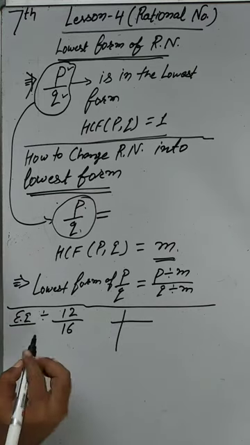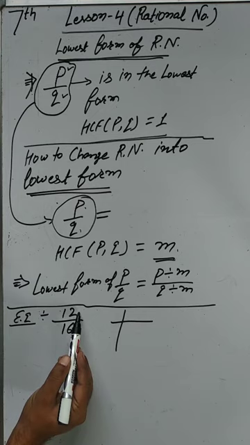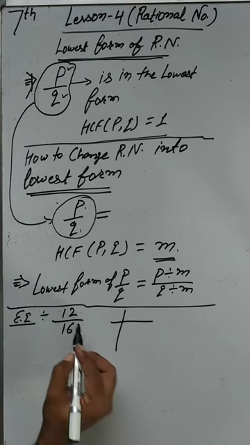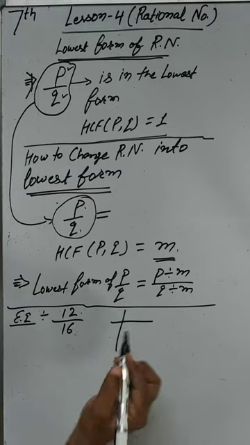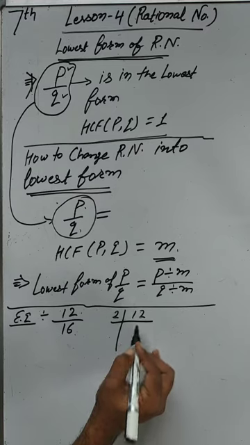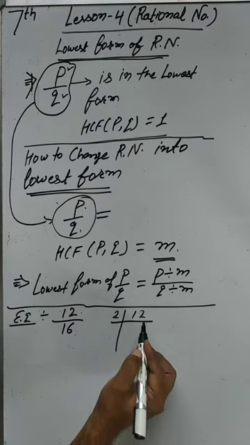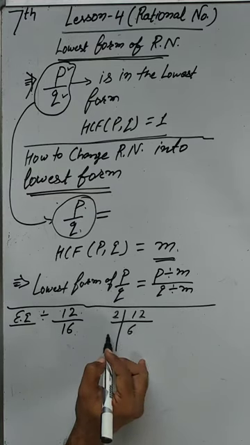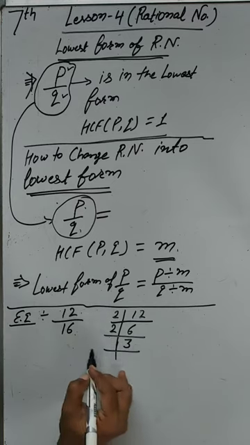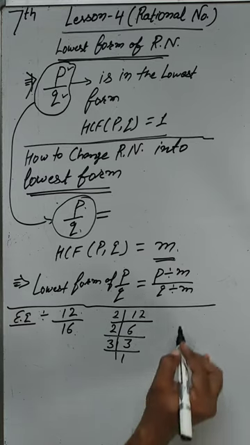First of all, beta, to find the HCF of numerator and denominator, find the prime factors of 12 and 16. Now I know you can easily find the prime factors. 12 goes on to 6, then 3, 3 and 1.